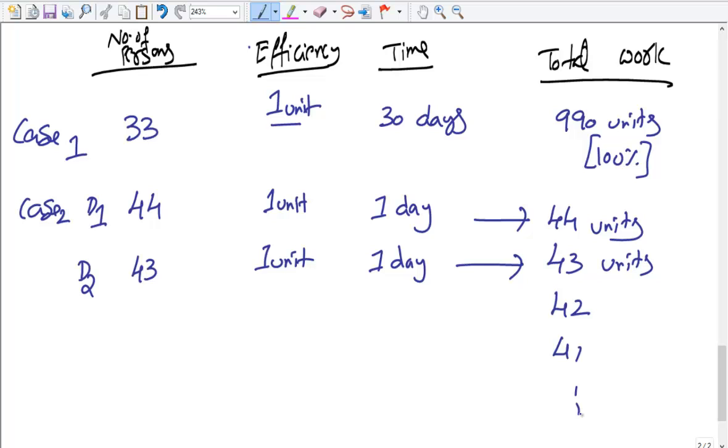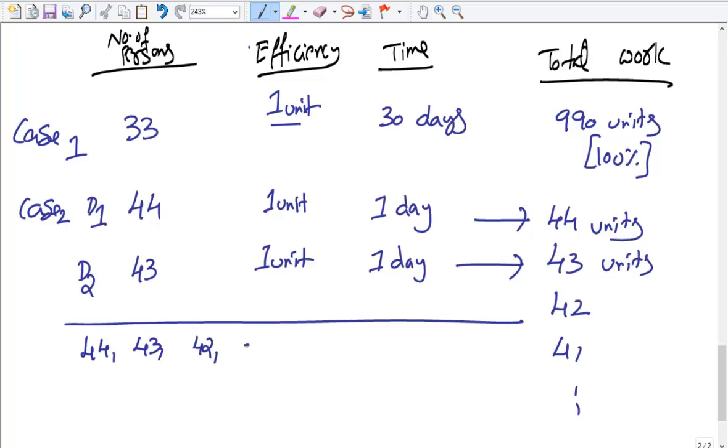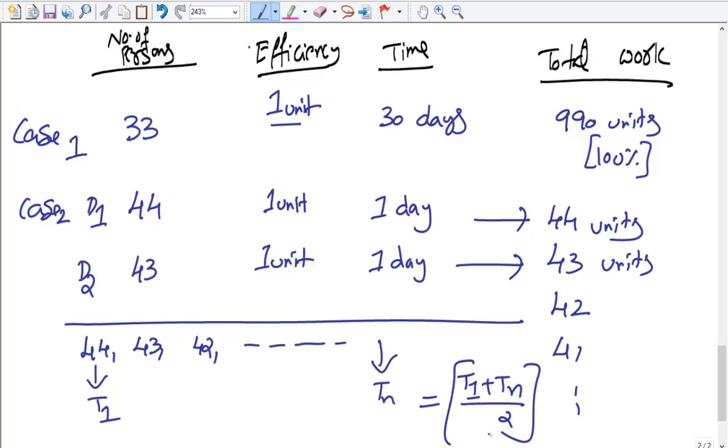In an arithmetic progression, with term 1 and somewhere the nth term, the sum is going to be term 1 plus the nth term, average, into n.